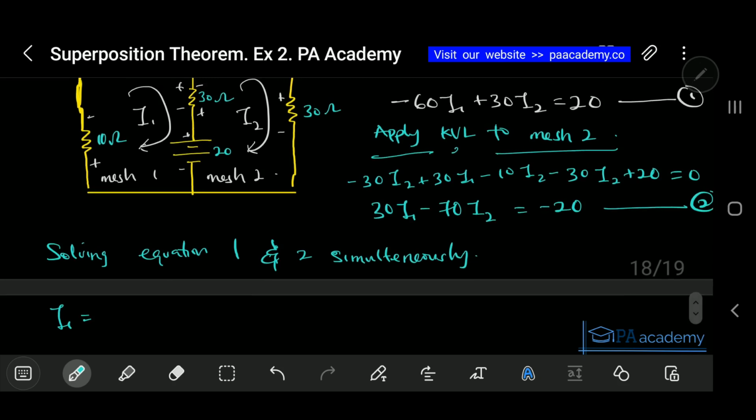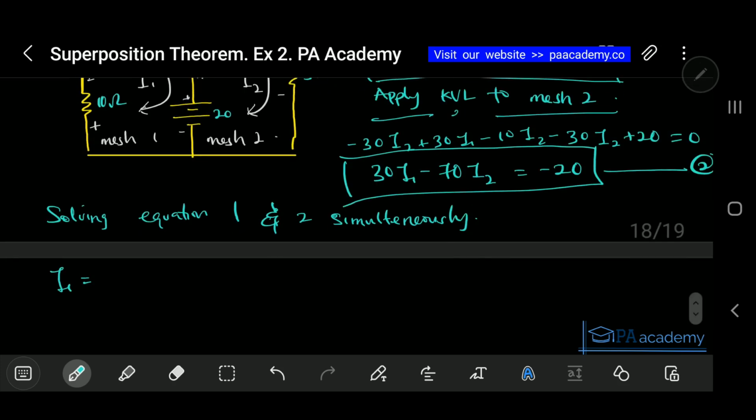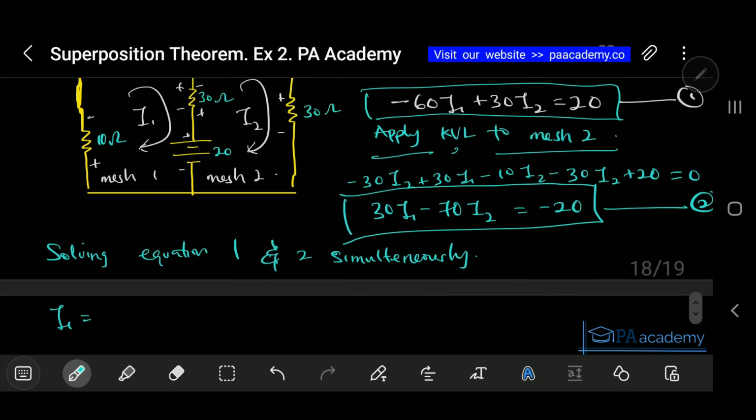This is our equation 1, and this is our equation 2. Exactly. With that, if you do that correctly, you are going to get your I1 to be equal to minus 0.24 amperes, and then your I2 will be 0.18 amperes.